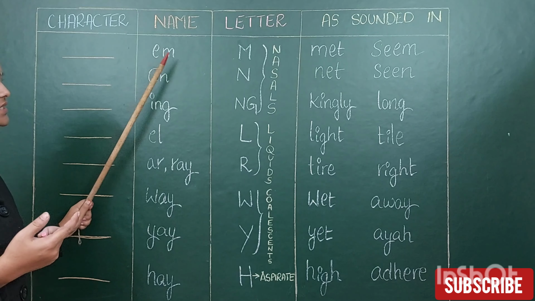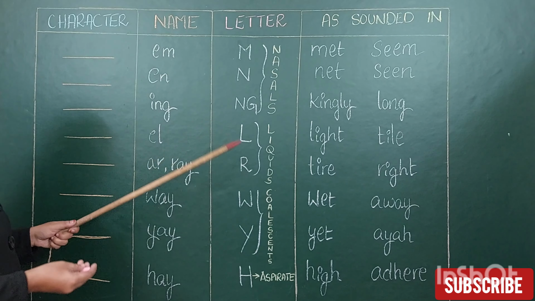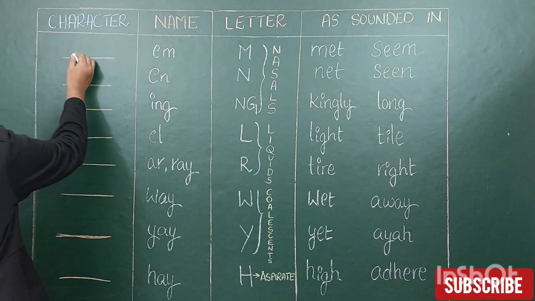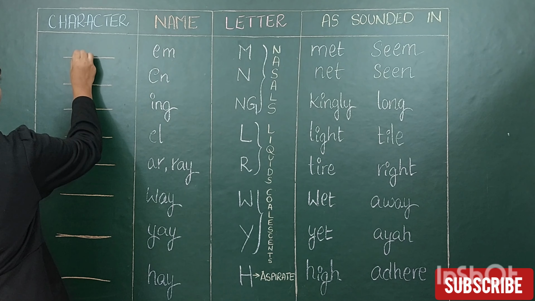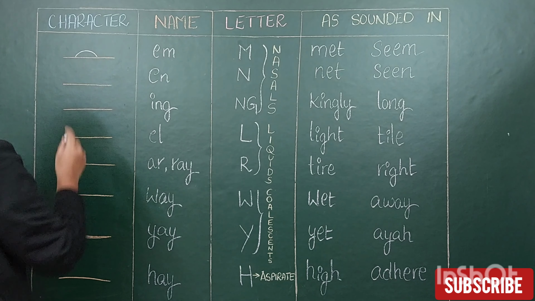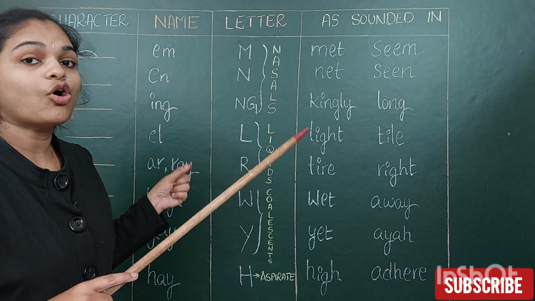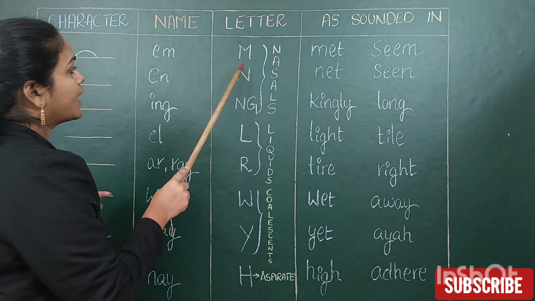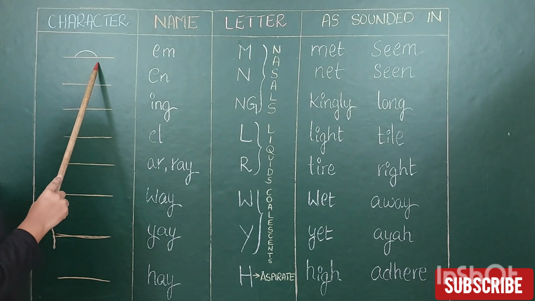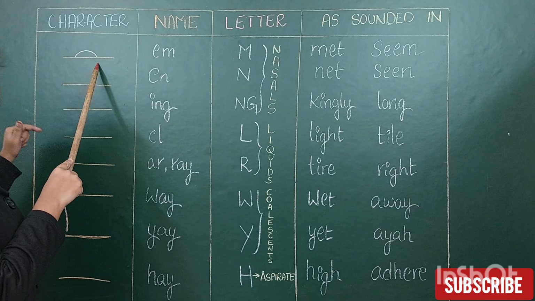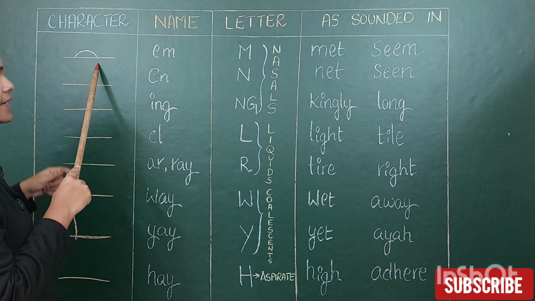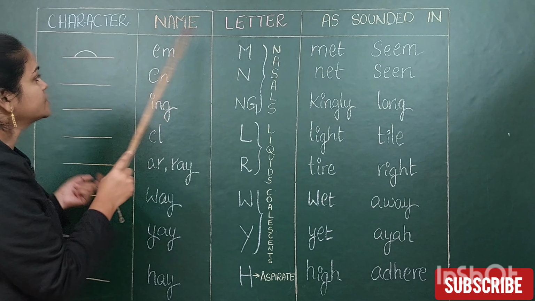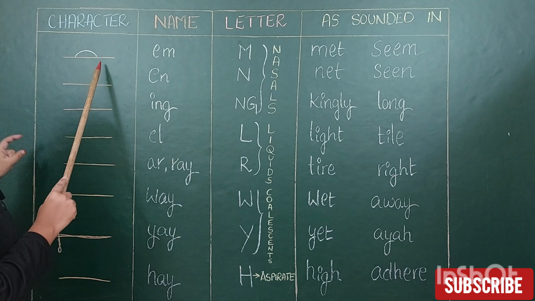We write it on the line as a lighter one. That means you write a horizontal stroke for M and ing. So M is a horizontal stroke towards the line.